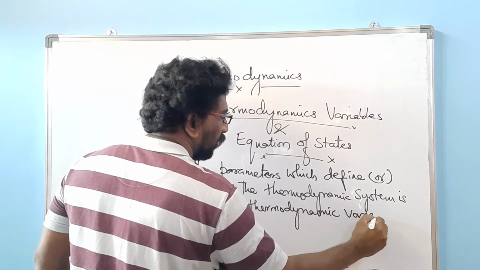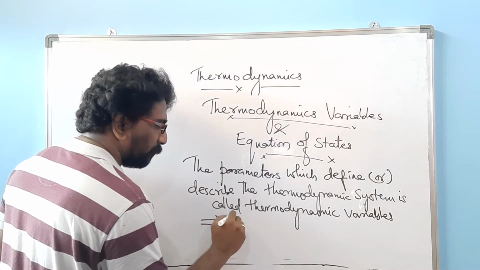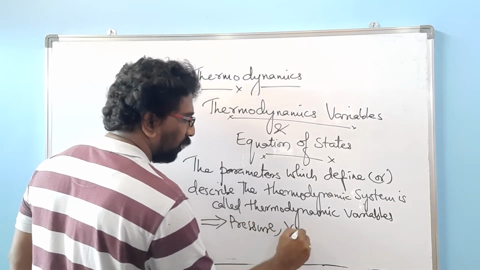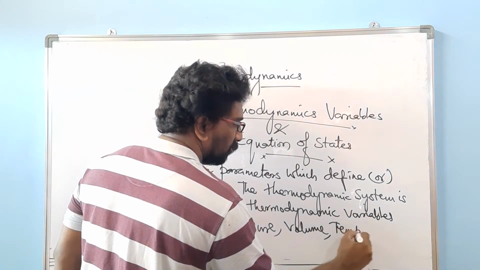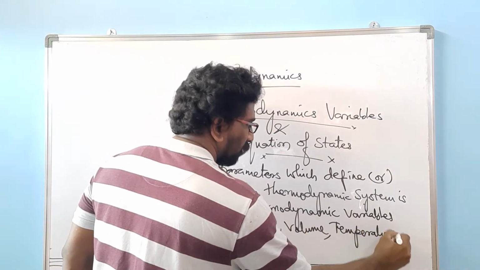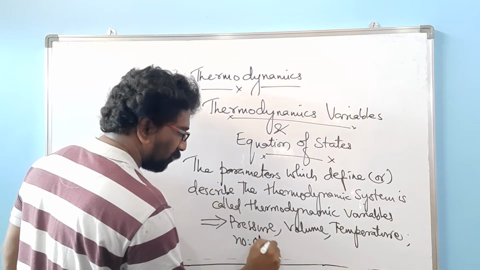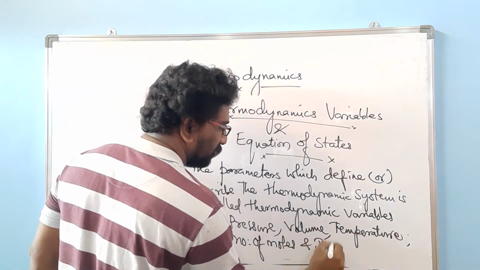So what are these thermodynamic variables here? The variables are pressure, volume, temperature, number of moles, and internal energy.